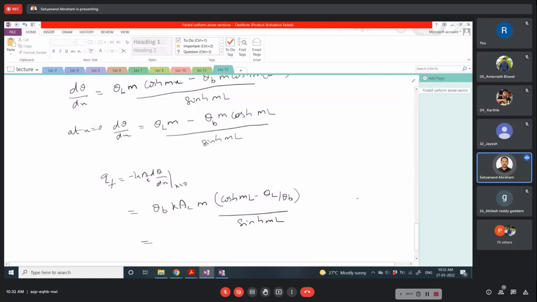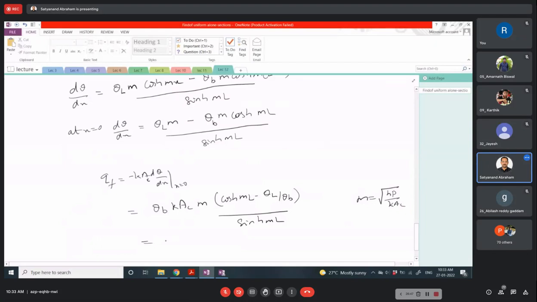But we know that m is equal to the root of hP by kA_c. We have kA_c also over here, so we can cancel this, and the square root of kA_c will come in the numerator.